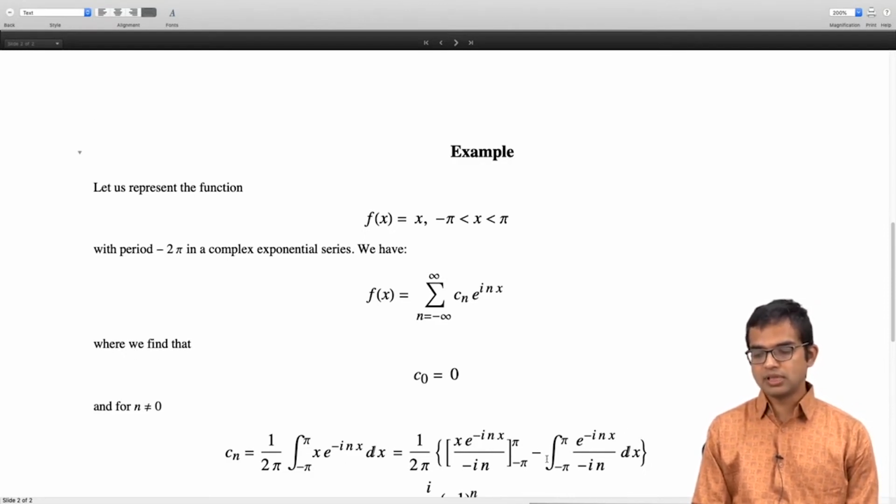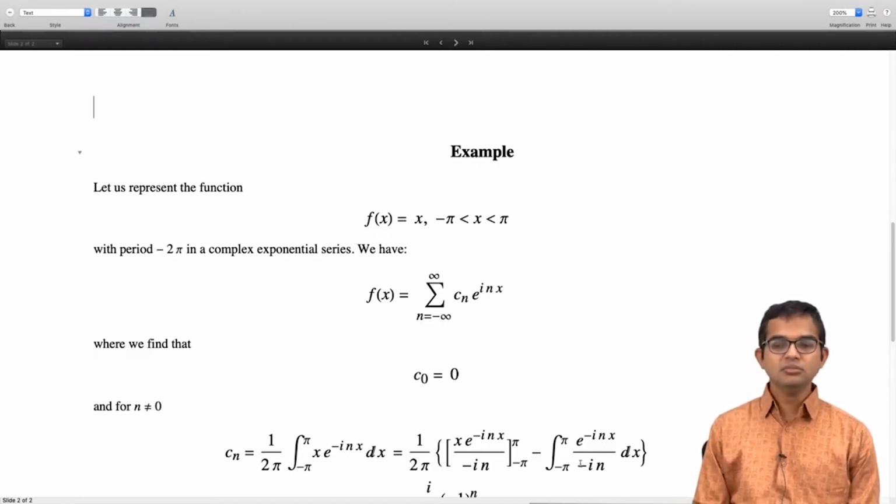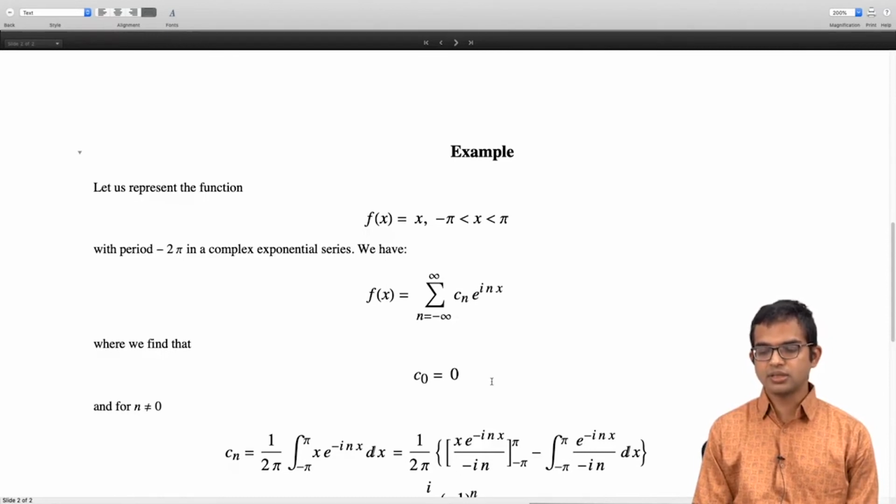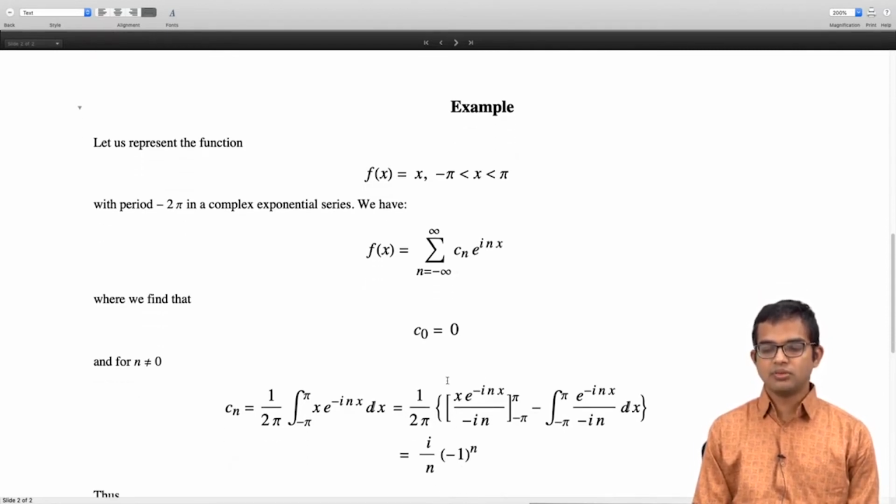You can convince yourself that this second integral is just 0, because it's the integral of cosine and sine over an interval which is an integral multiple of the period. So it doesn't matter what n is, this integral is going to vanish. Then if you work out the algebra carefully, you will see that this gives you i over n times minus 1 to the n.